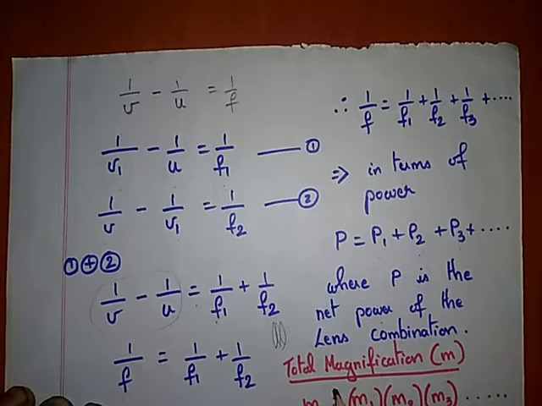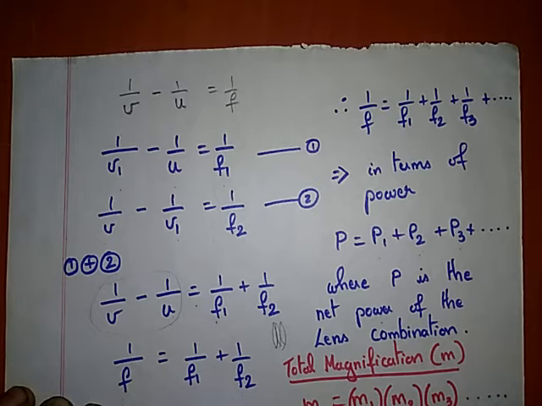So now we have to find the total magnification M when all these lenses are connected together. So the total magnification M is equal to the magnification factor of lens 1 multiplied by magnification factor M2 of lens L2 and magnification factor M3.